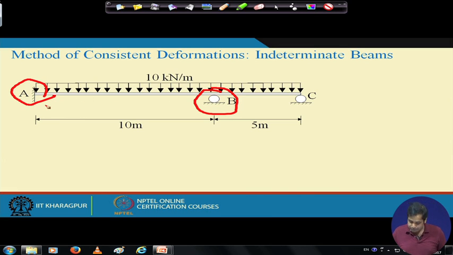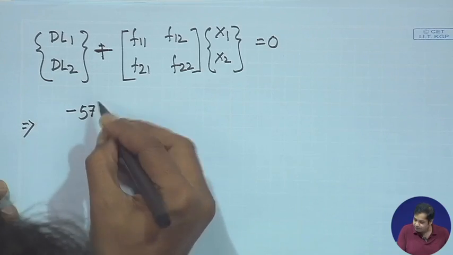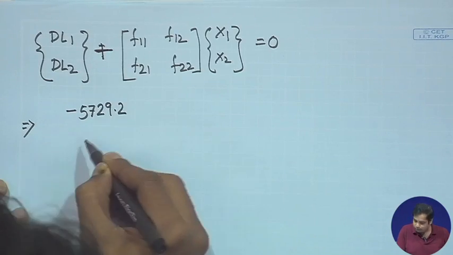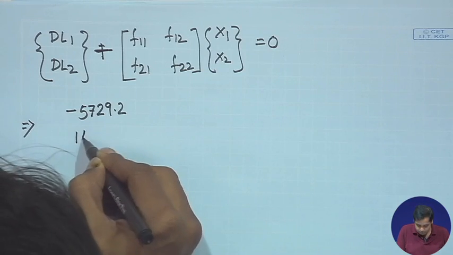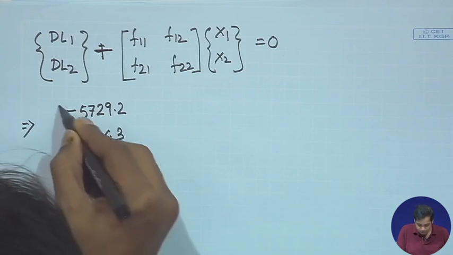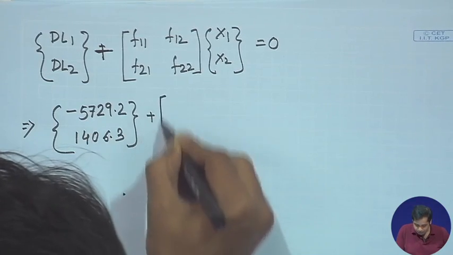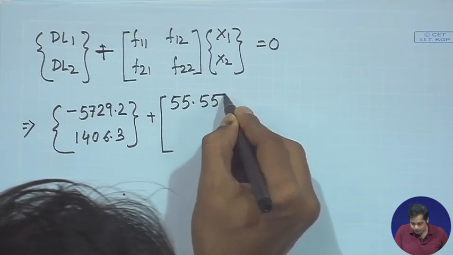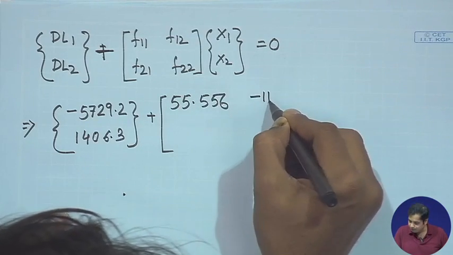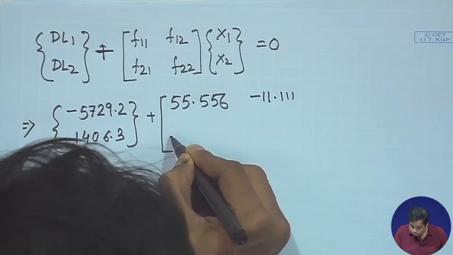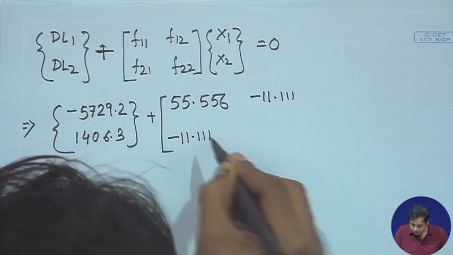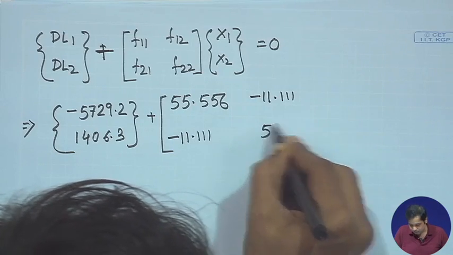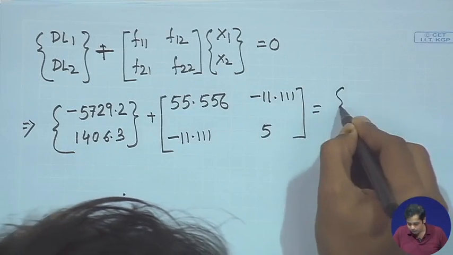Okay. Now if we substitute all these values, DL1 is equal to minus 5729.2 and then 1406.3 plus F11 is 55.556, F12 minus 11.111, F21 will be same as F12, and then F22 is 5, is equal to 0.